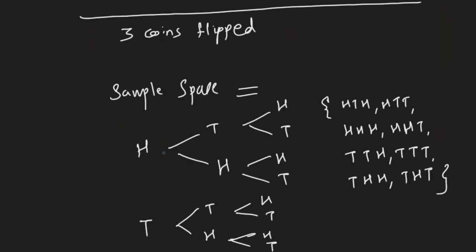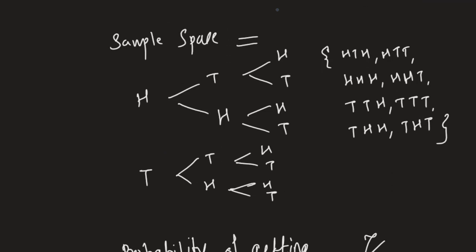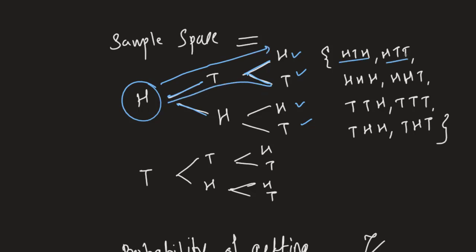Then let us look at an example where we are flipping three coins. A similar approach you have to follow. The first coin you flip and you get head. Then for the second coin, there are two possibilities, tail or head. And for the third coin, again head or tail. So the total sample space will be HHH, HHT, HTH, HTT.